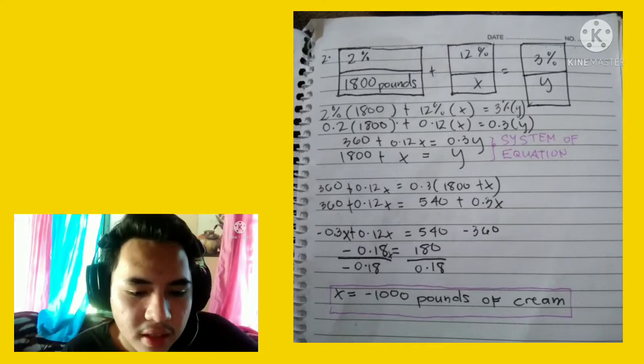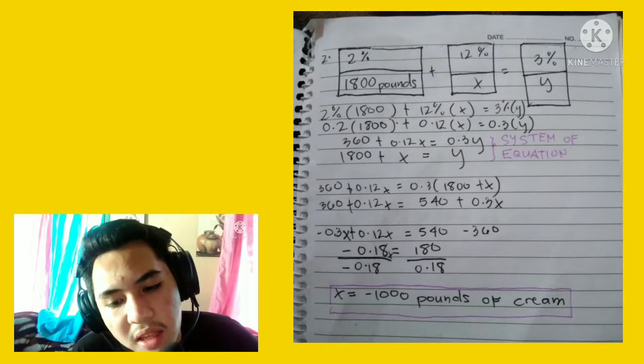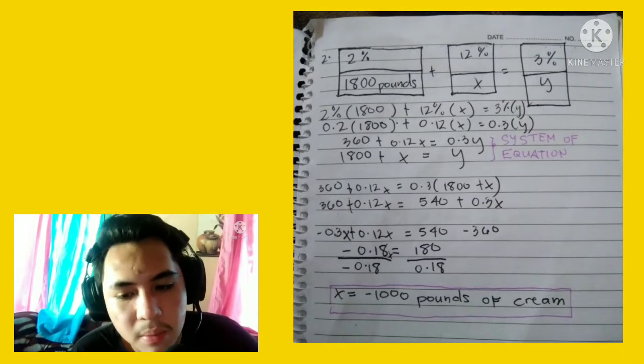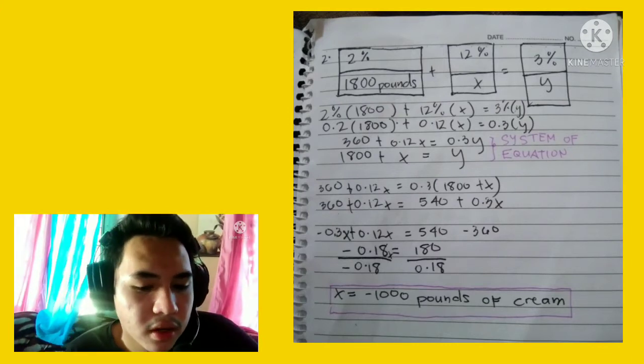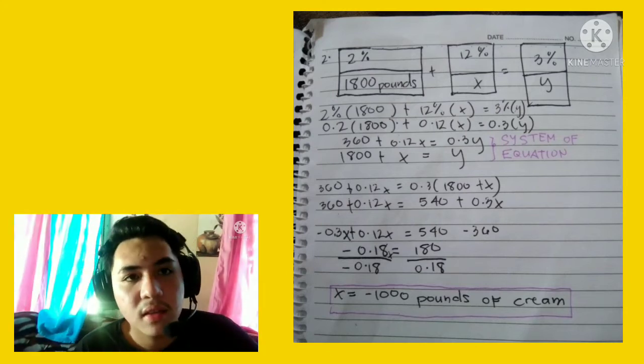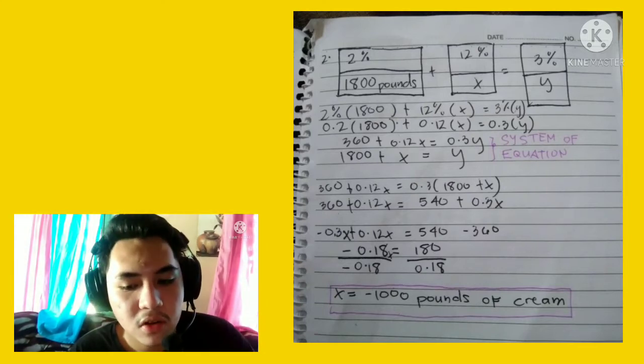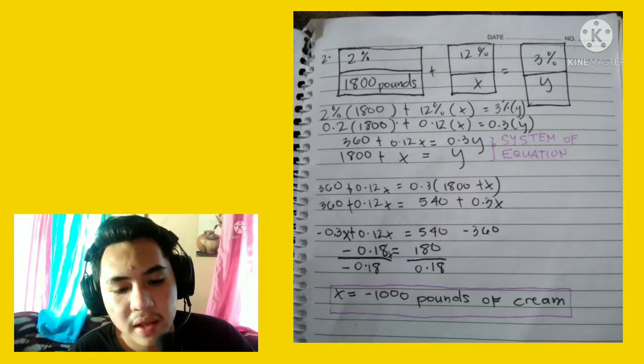So we write 2% times 1,800 plus 12% times x equals 3% times y. So let's convert and we will get 0.02 times 1,800 plus 0.12 times x equals 0.03y.